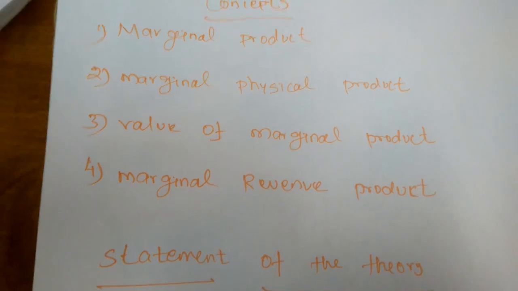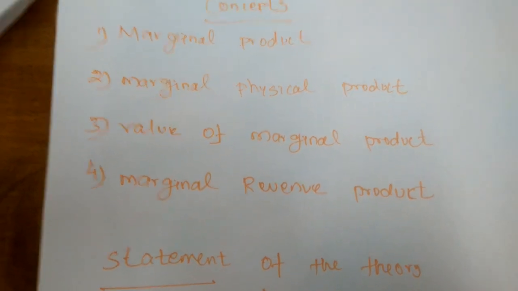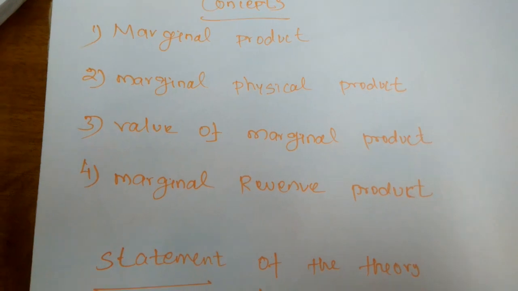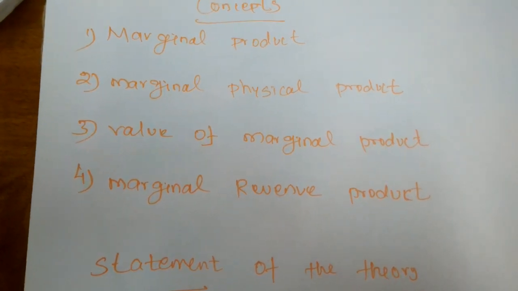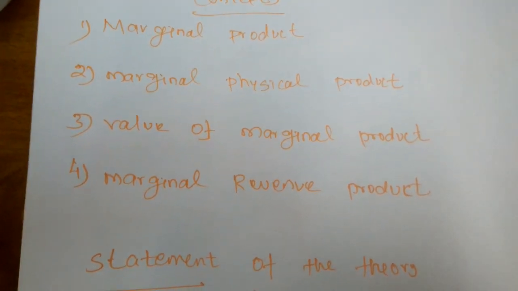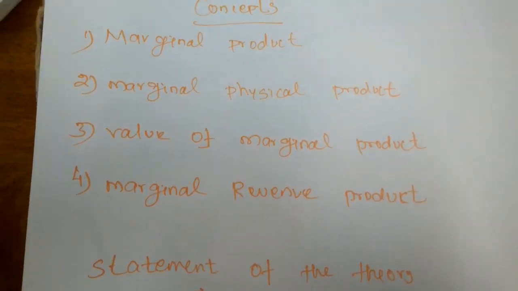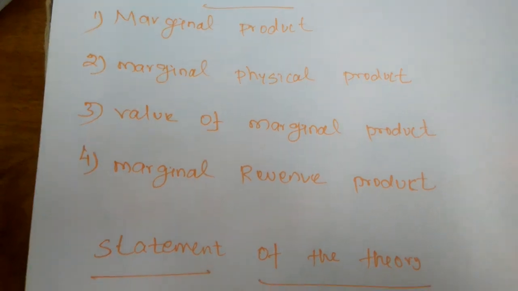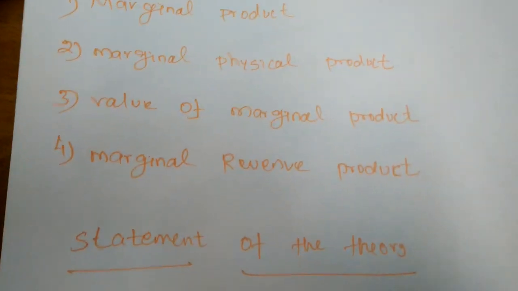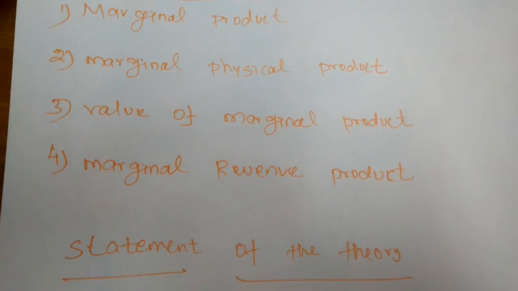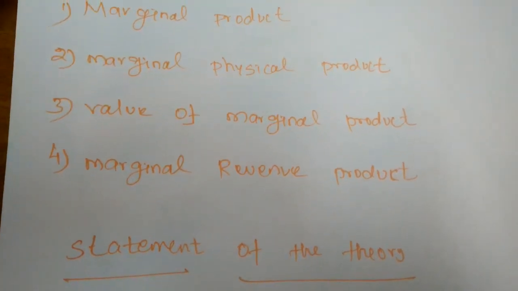So the marginal physical product is just 2, because already the 5 labors are producing 10 pencils. After adding one more labor, he is producing 2 pencils. The 2 pencils may be considered the marginal physical product. The marginal physical product is determined by the last unit of labor.